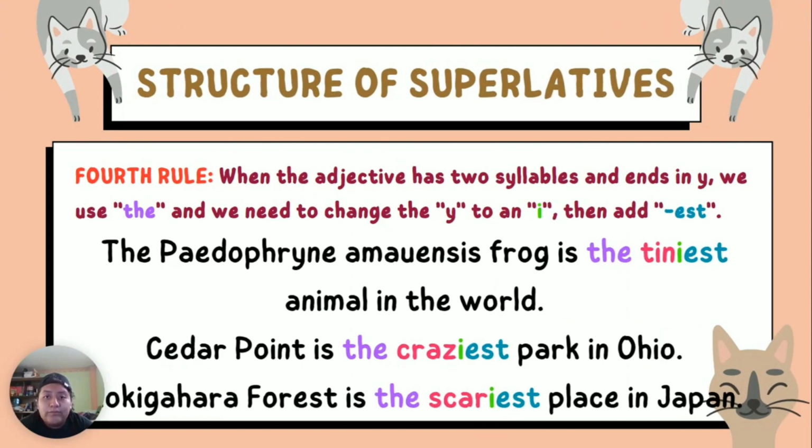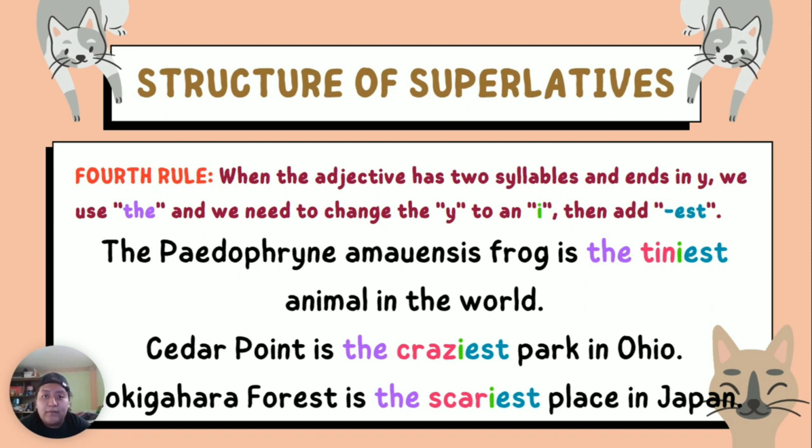Fourth rule. When the adjective has two syllables and ends in Y, we use the and we need to change the Y to an I. Then add est.